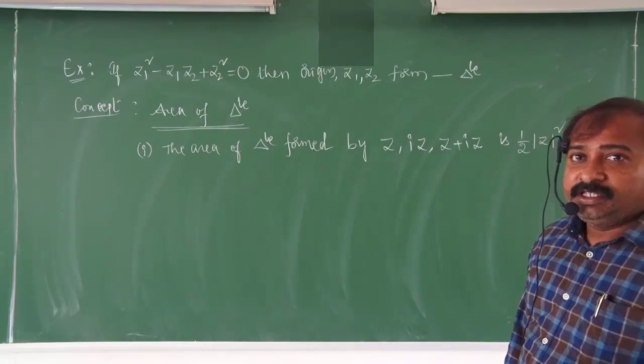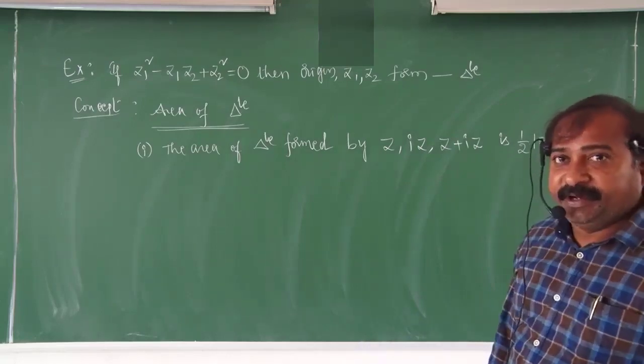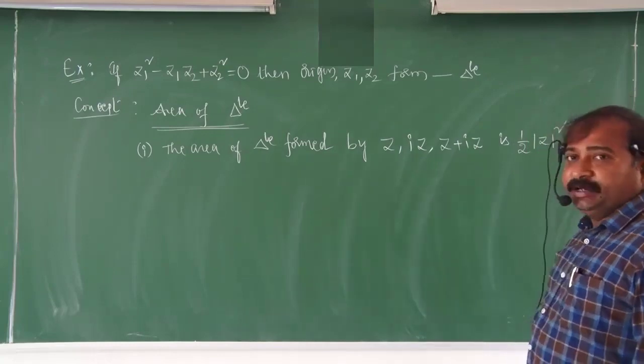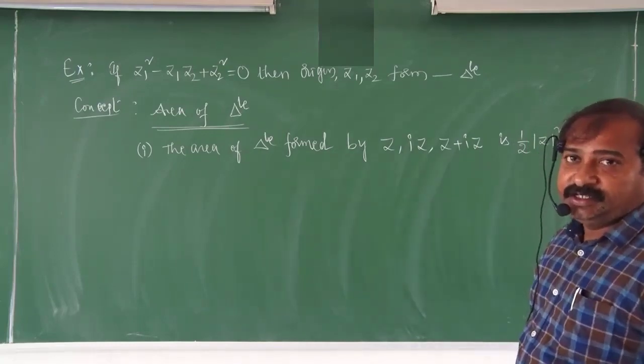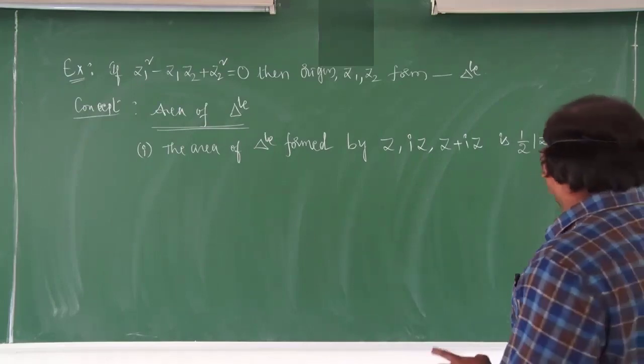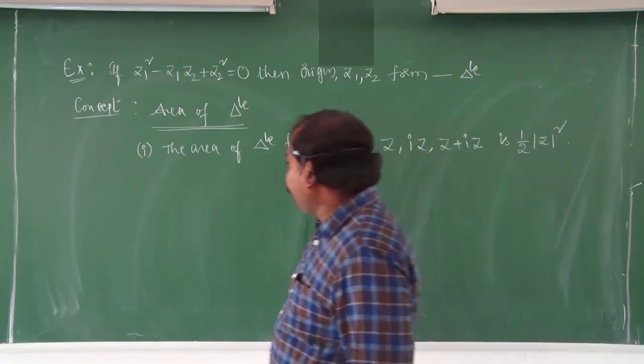Even in JEE Mains, sometimes a direct bit is there. What is the area of the triangle formed by z, iz, z plus iz? Sometimes they will ask like that. Then what will the area be? Listen all of you.